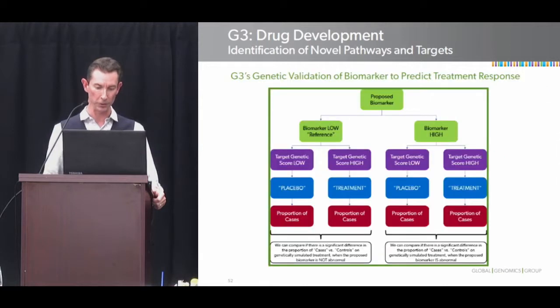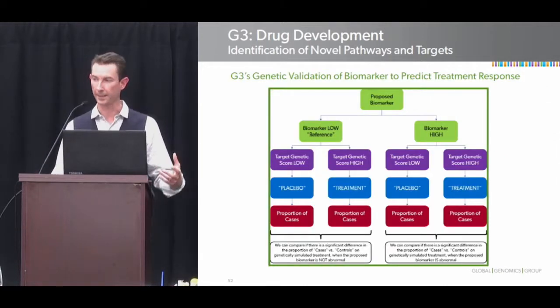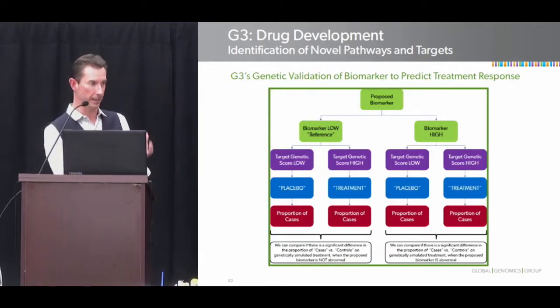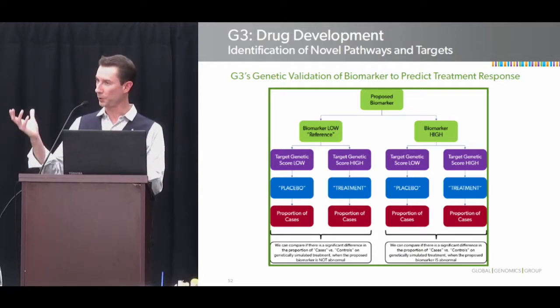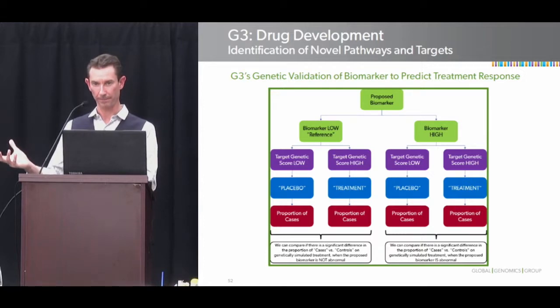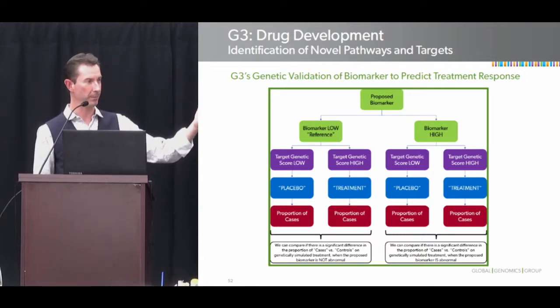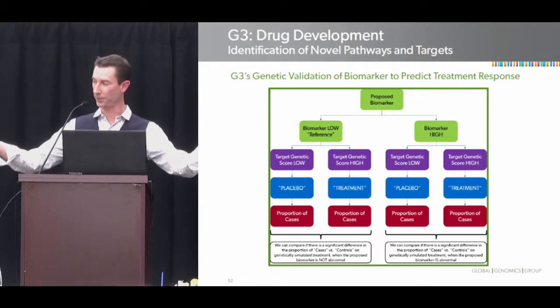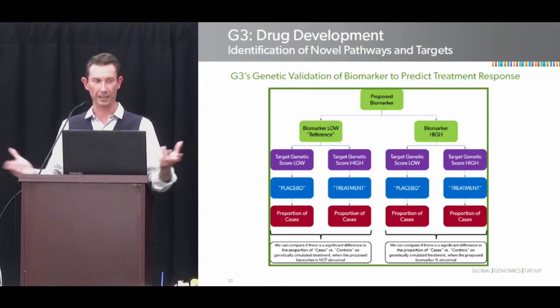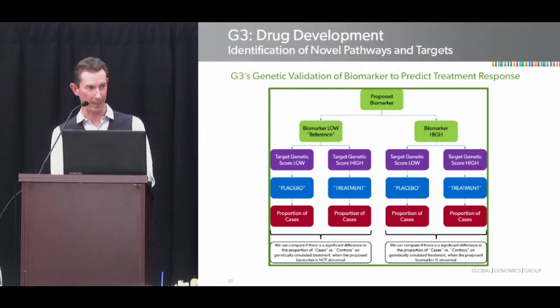We can take the same concept, and rather than in this 2x2 Mendelian randomization approach simulating two targets of therapy, we can take one gene to simulate a biomarker as a companion diagnostic, the other one to simulate the target, and create a biomarker-target pair.